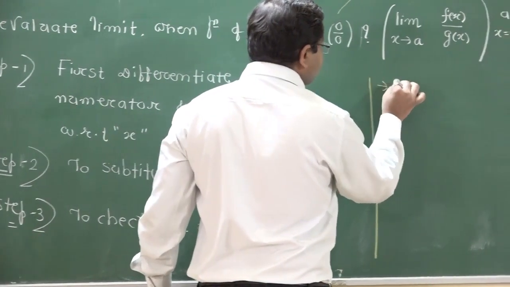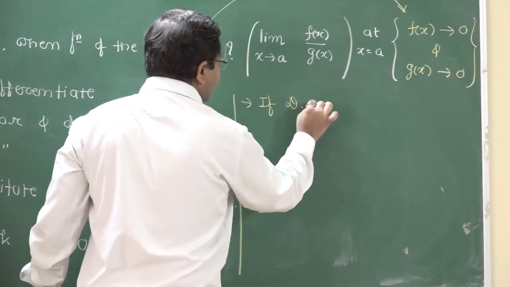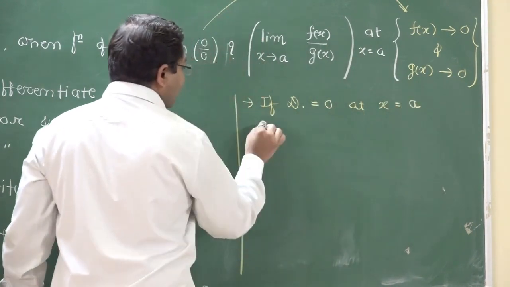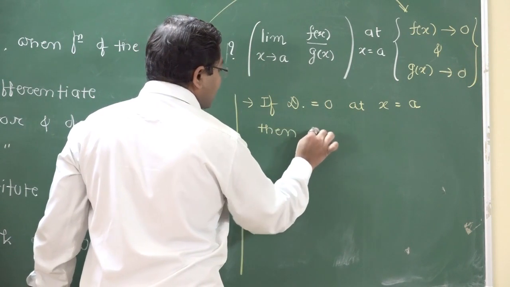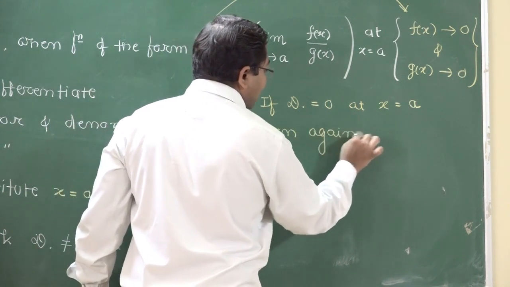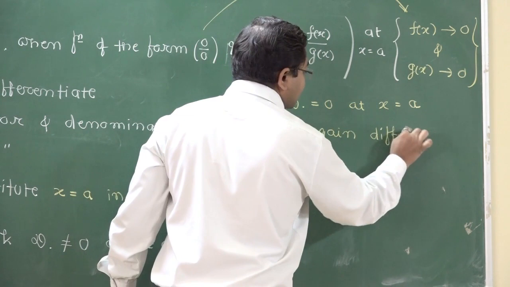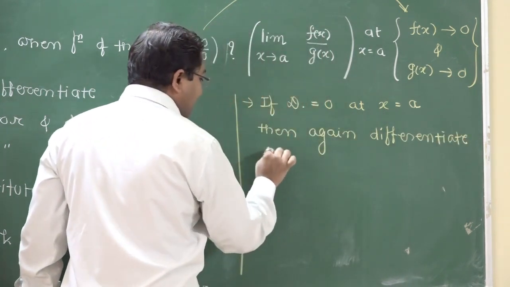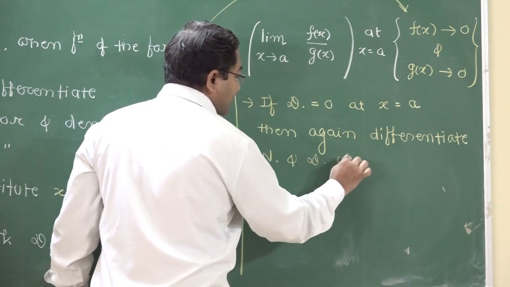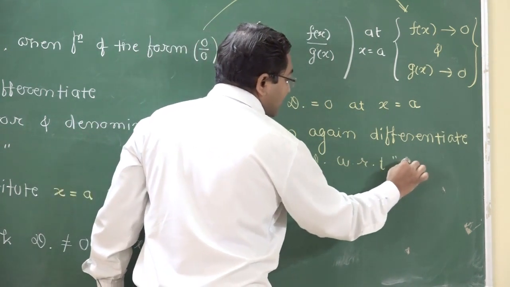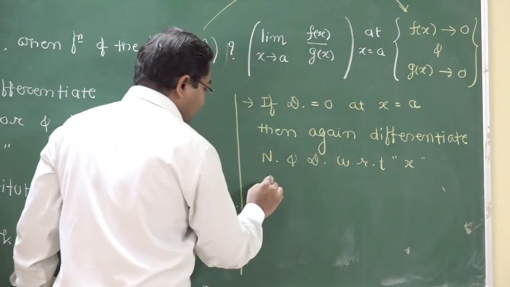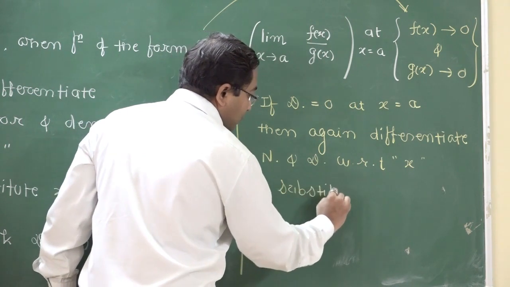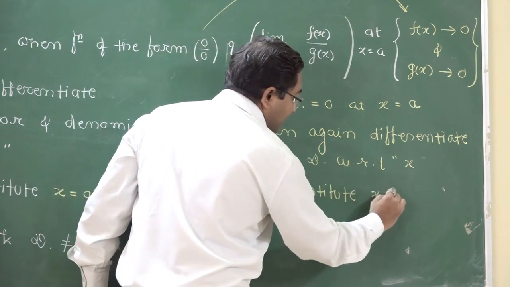If the denominator is 0 at x equal to a, then again differentiate numerator and denominator with respect to x, and substitute x equal to a.